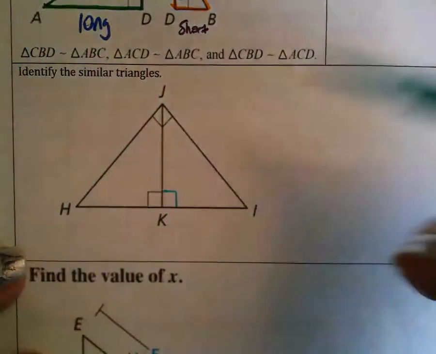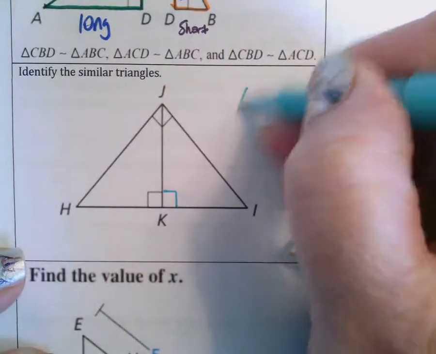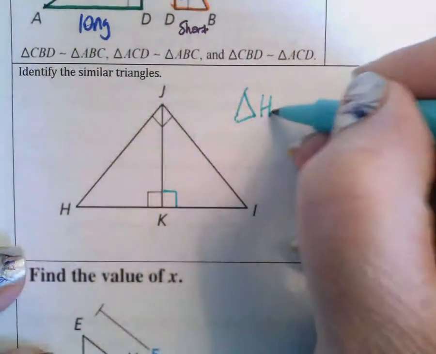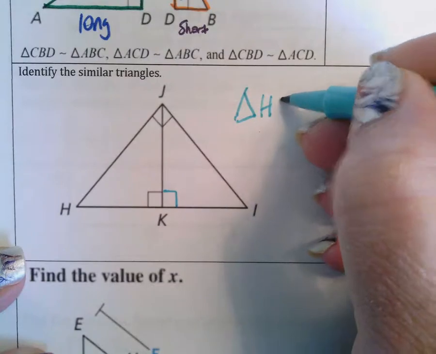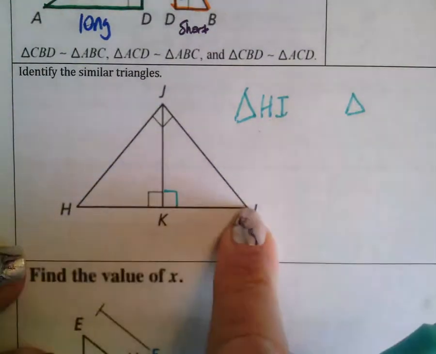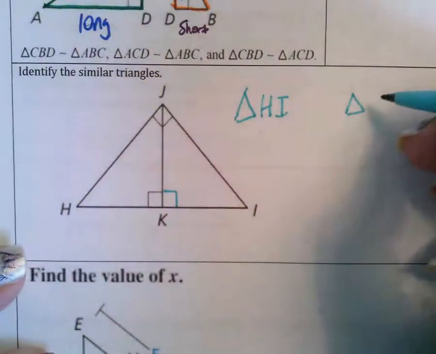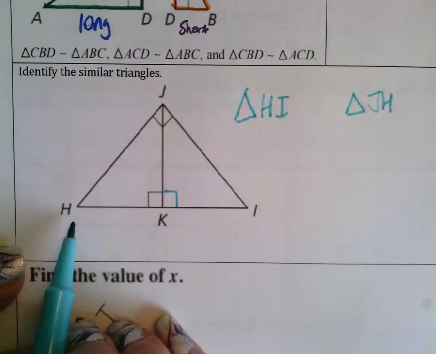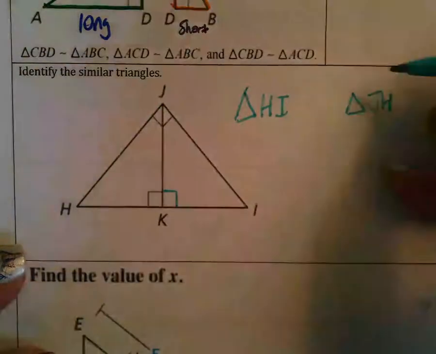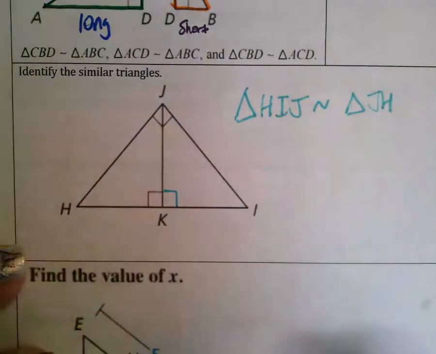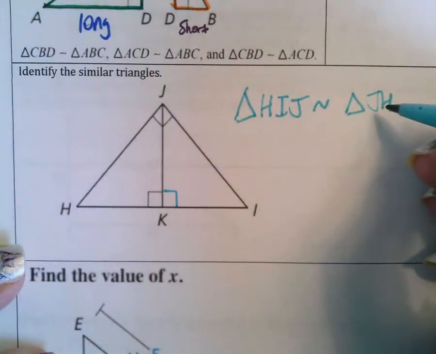So if you throw it together like that, it makes it a little easier because you can say HI is going to be similar to JH. And then you just have to throw in your third letter. So HIJ is going to be similar to, well, I should have probably put HJ.